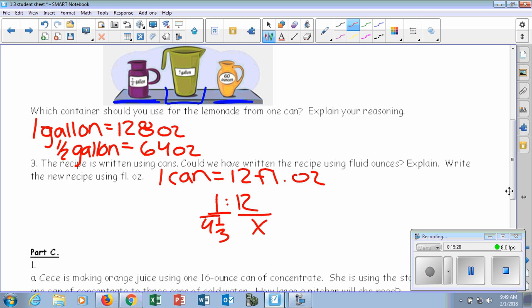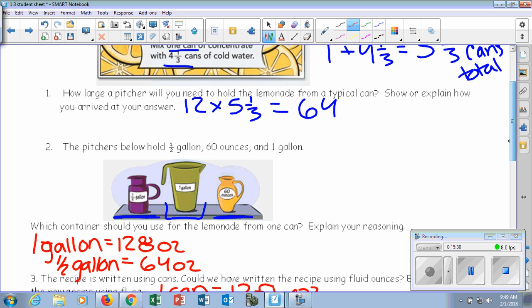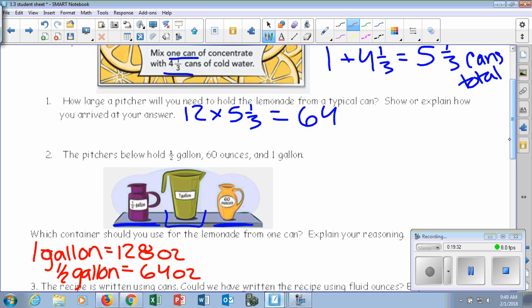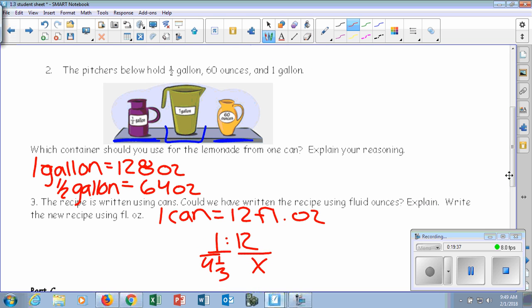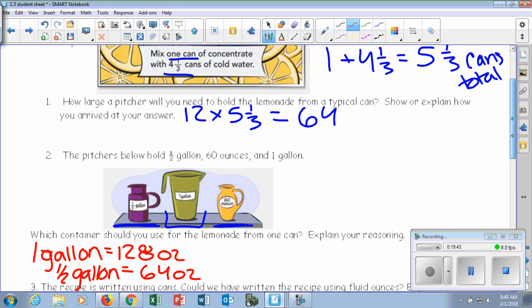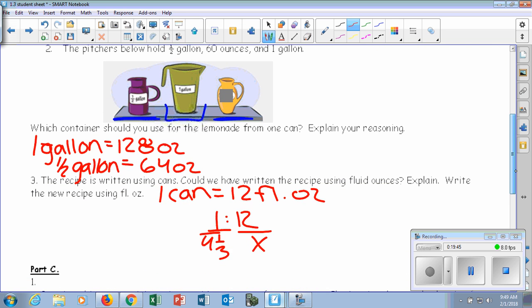If you look up here, is it on the top of this page? Yes, it is. Look at it in that lemonade. Mix 1 can of concentrate. There's my 1 can. And then they say 4 1/3 cans of cold water. So there's my 4 1/3 cans of cold water.